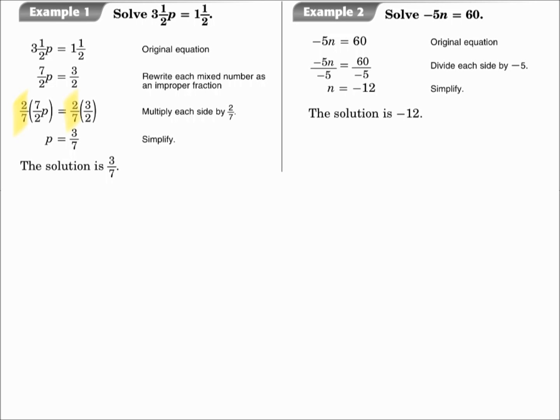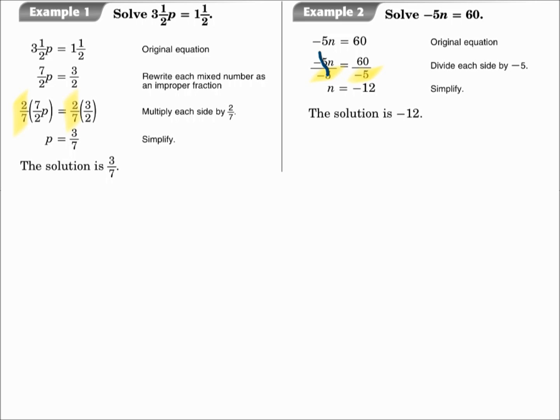Example 2. Solve negative 5n equals 60. Well, that's negative 5 times n, and the opposite of multiplying is dividing, so divide both sides by negative 5. On the left, negative 5 divided by negative 5 is 1, and 1 times n is n, so the negative 5's cancel, leaving just n.